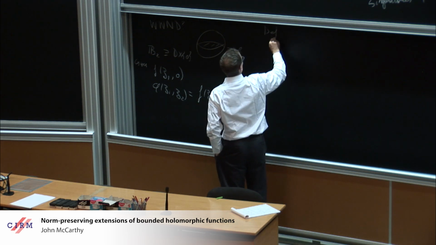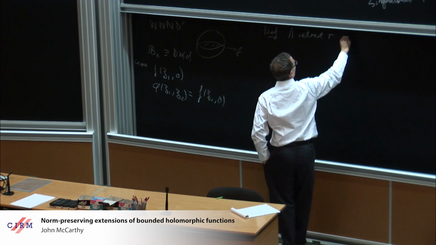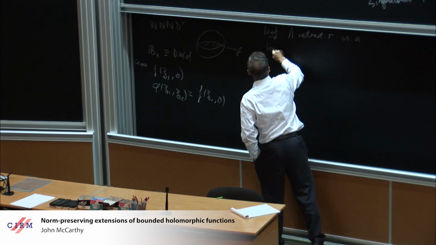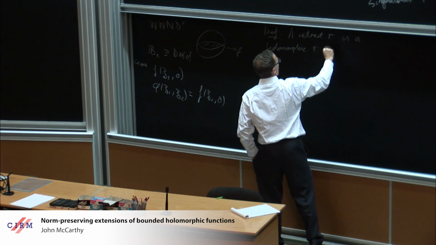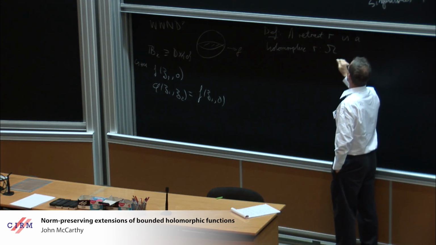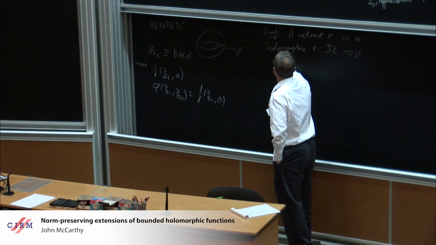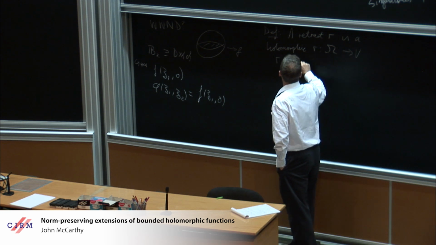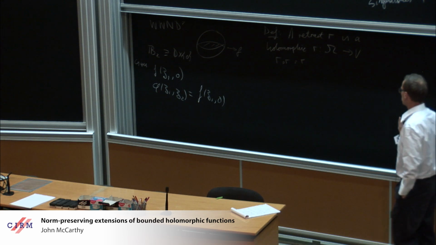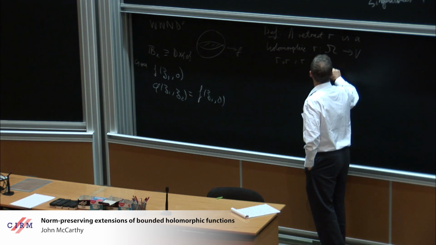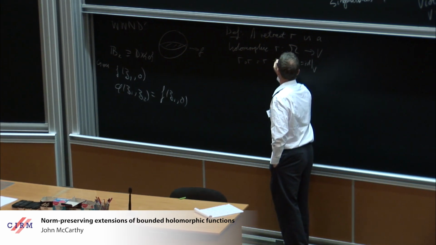So, what's a retract? A retract, R, is a holomorphic function that maps omega to V, and critically, if I compose it with itself, I get the same thing. So it's the identity on V. R restricted to V is the identity restricted to V, equivalently.